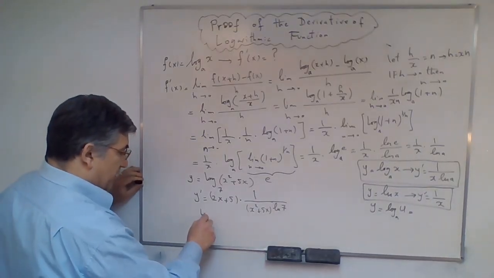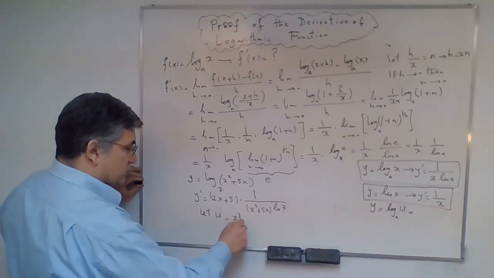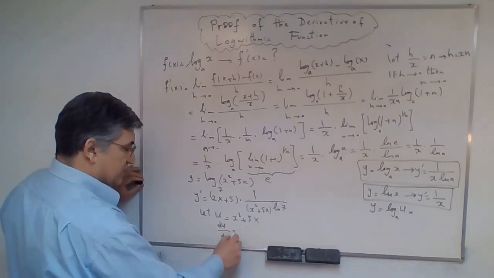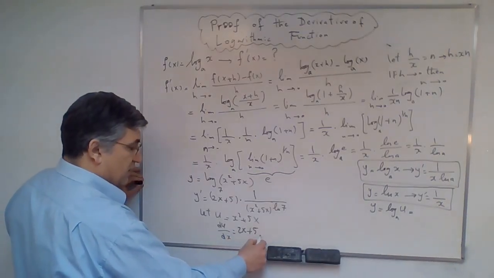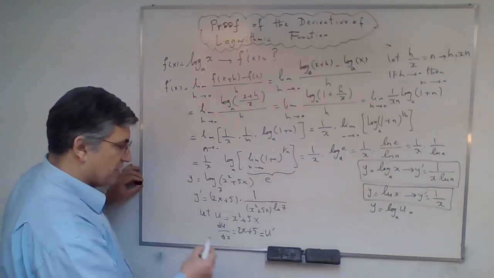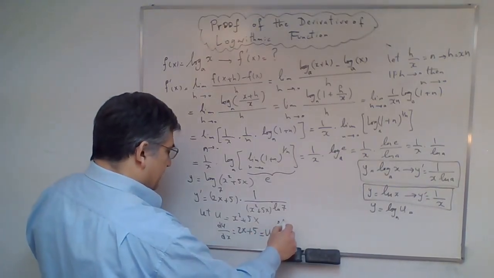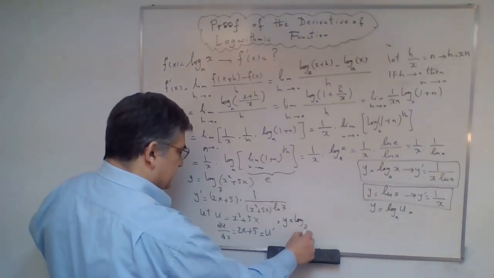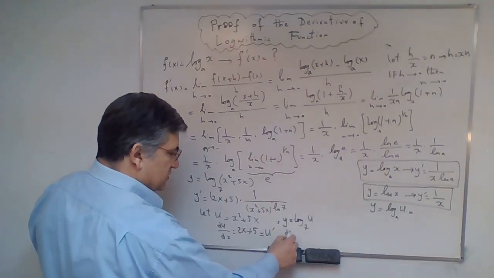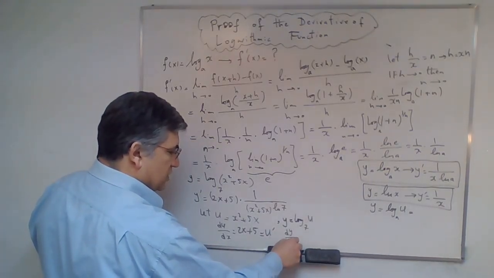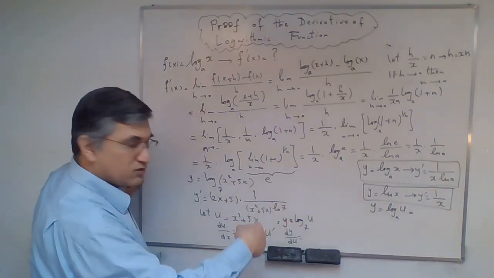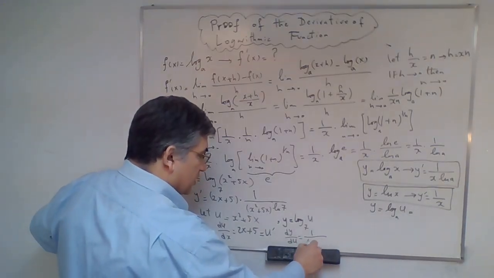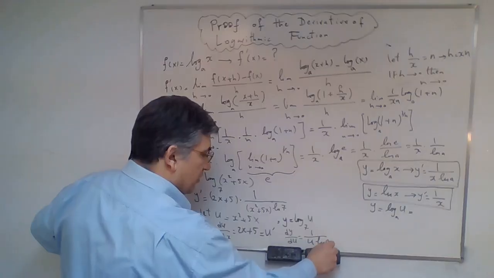You may say let u equal x squared plus 5x, and then du over dx would be 2x plus 5, which we called u prime. And then you can say if y is log base 7 of u, then dy over du, the derivative of y with respect to u, would be found from the formula 1 over u times ln of a.